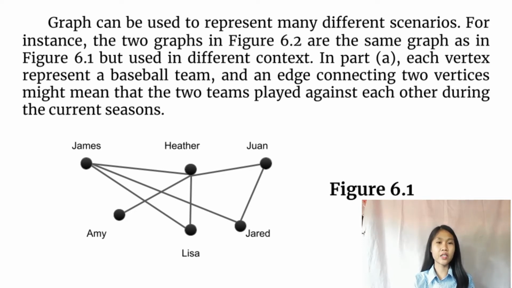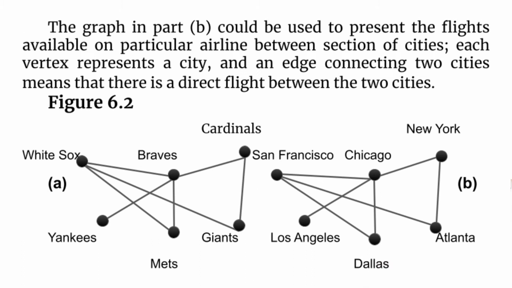For instance, the two graphs in Figure 6.2 are the same graph as in Figure 6.1, but used in different contexts. In Part A, each vertex represents a baseball team, and an edge connecting two vertices might mean that the two teams played against each other during the current season.